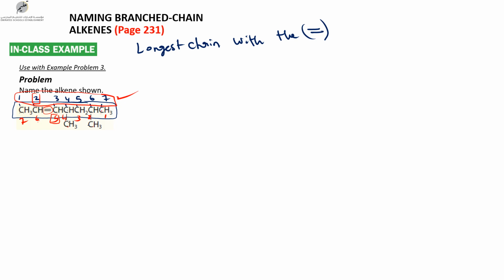So how many carbons do we have here? 7 carbons. So it's going to be heptene. Okay? What's the location of the double bond? It's 2. So we'll say 2 heptene. Do we have any branches? Yes. We have dimethyl, right? 2 methyl groups.